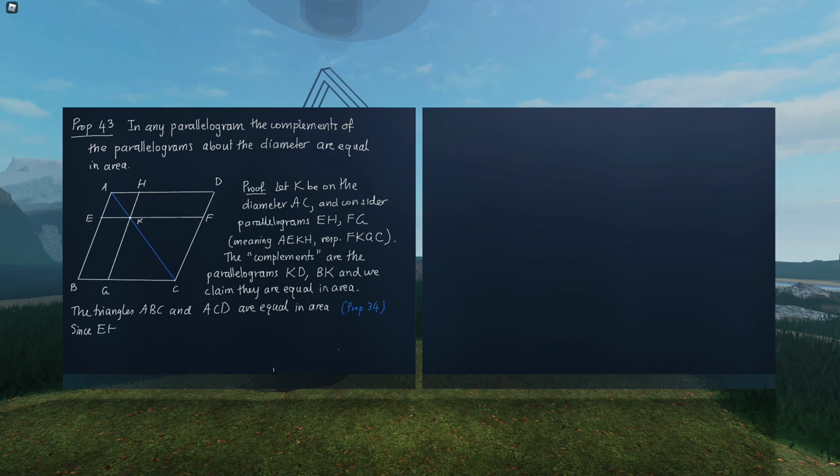Now, since EH is a parallelogram, we just make the same observation two more times.